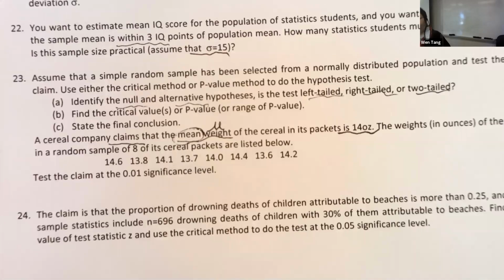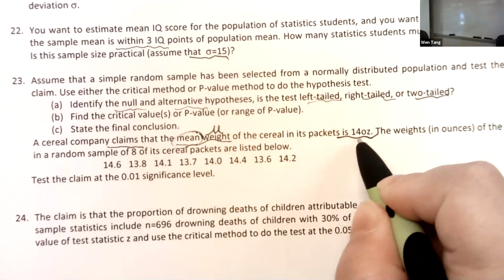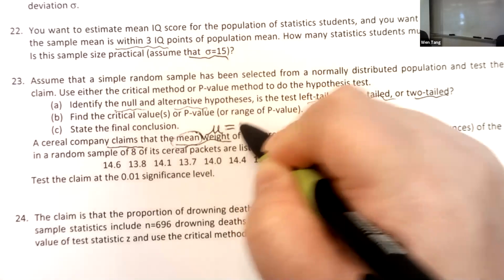If a claim is about the proportion, if we have a percentile or proportion in our claim, then that one is the hypothesis test of the proportion. This time we talk about mu. Mu is 14, so mu is equal to 14.